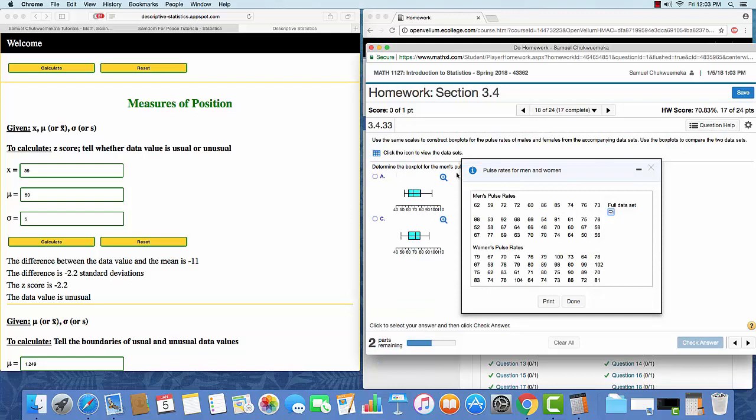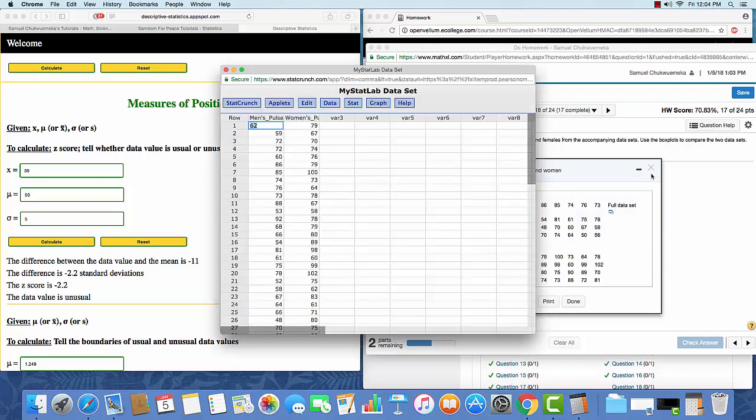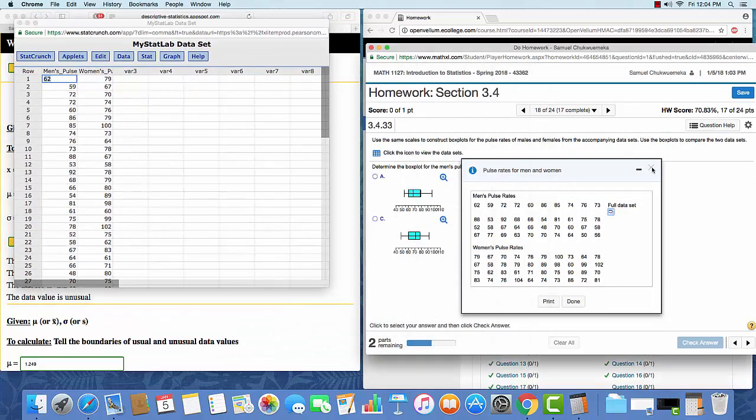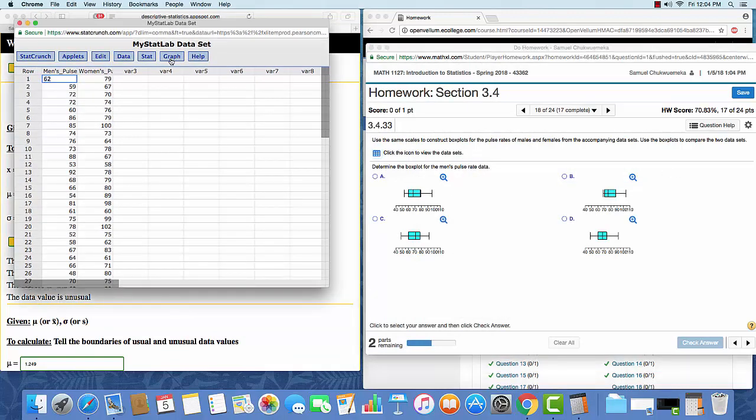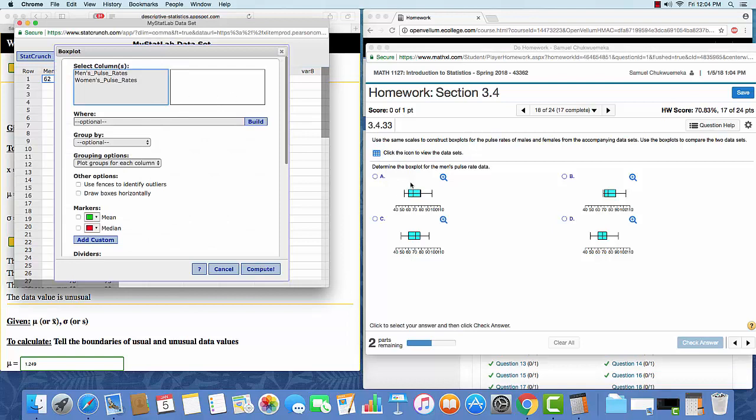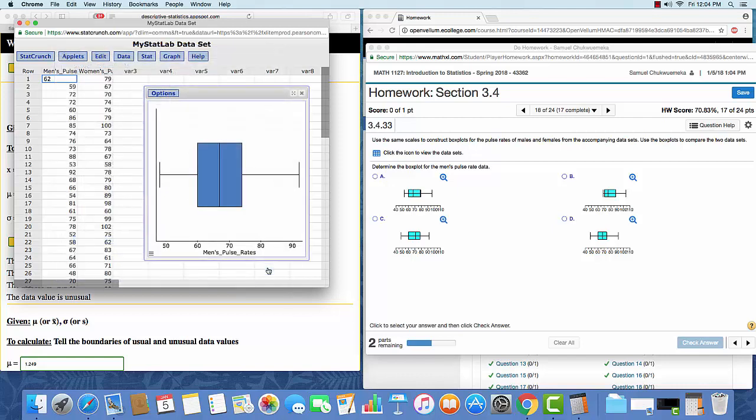We click on this icon, then we click here, open in Statcrunch. So I'm just gonna close this right here. We go to graph, we select box plot. Let's do the one for the men's first. So I'm gonna put men's, draw boxes horizontally, and then compute.